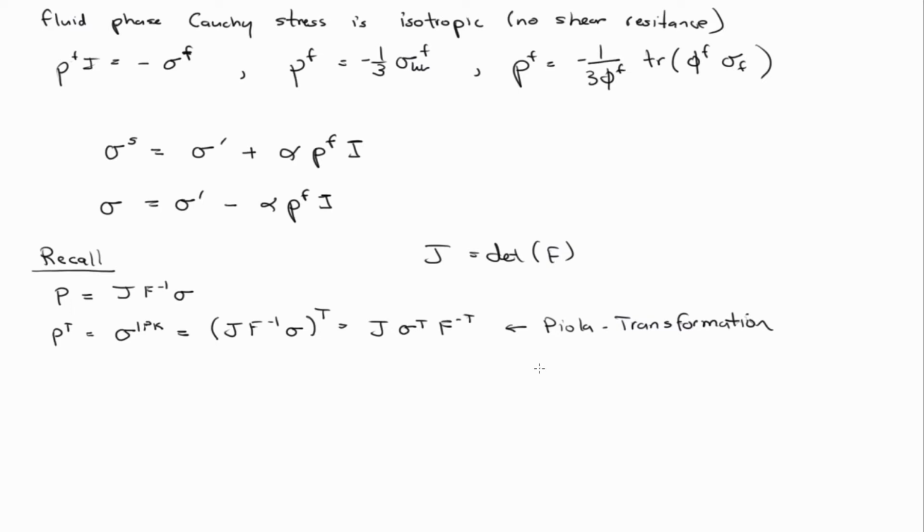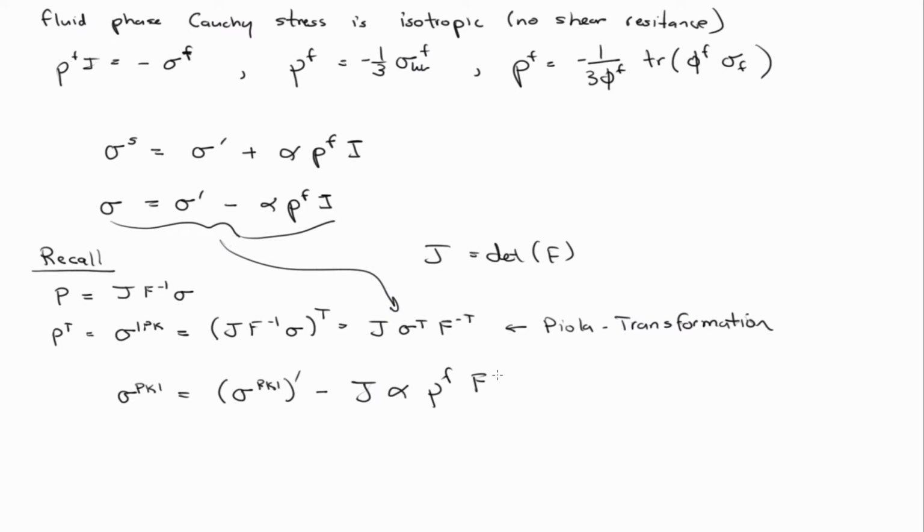All right. So now if we plug in our definition of effective stress into this, then we get that the first Piola-Kirchhoff stress is equal to the first Piola-Kirchhoff stress prime, the effective first Piola-Kirchhoff stress, minus J alpha pF F inverse transpose.